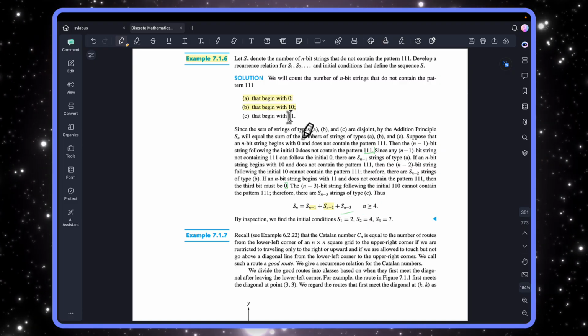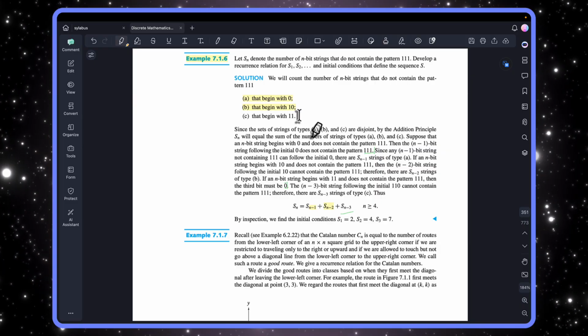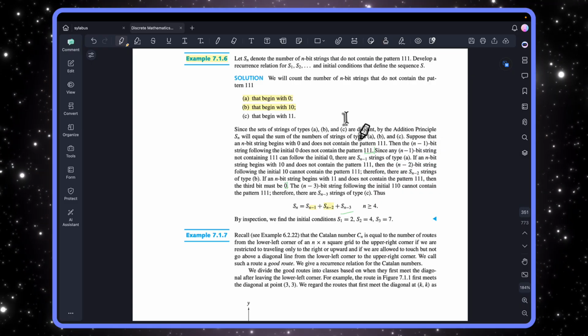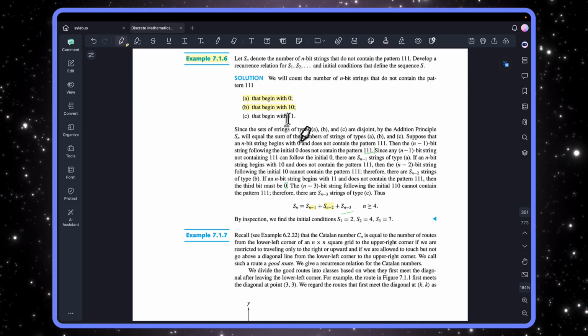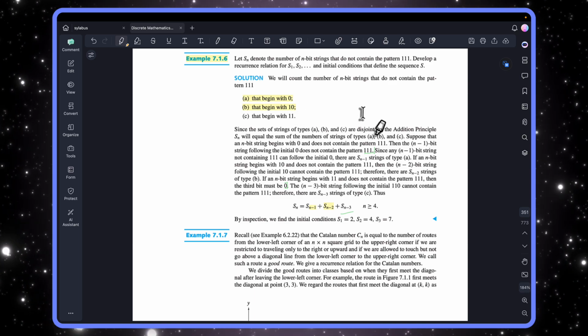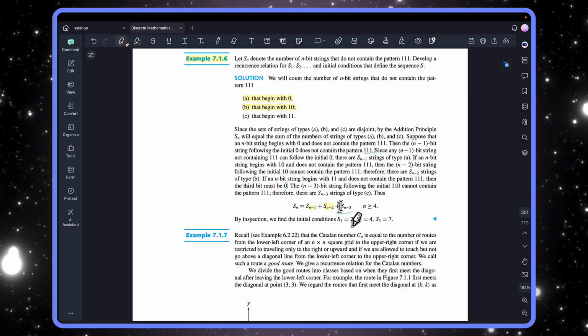If there's a 0 there, then you look beyond that, and you would not see a 1, 1, 1. So every string that begins 1, 1 and then has to have a 0 has to be followed by a sequence from Sn minus 3. And that's where this comes from.